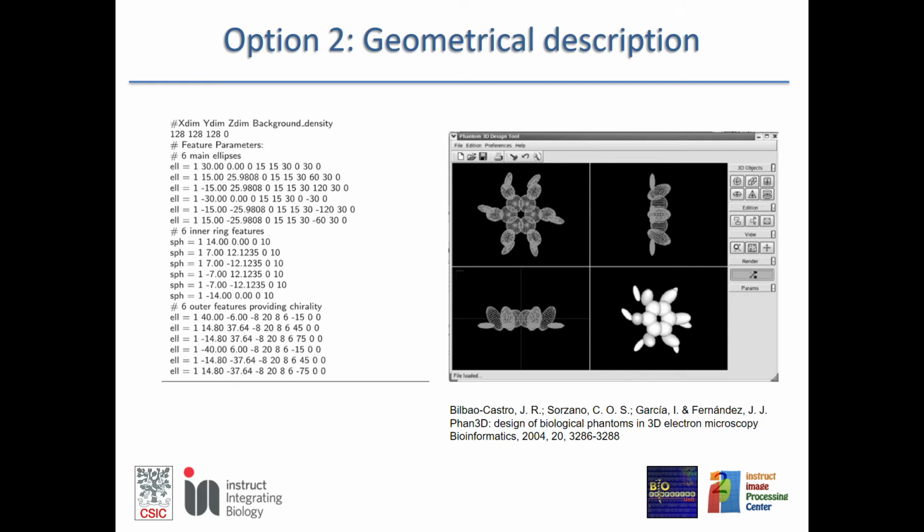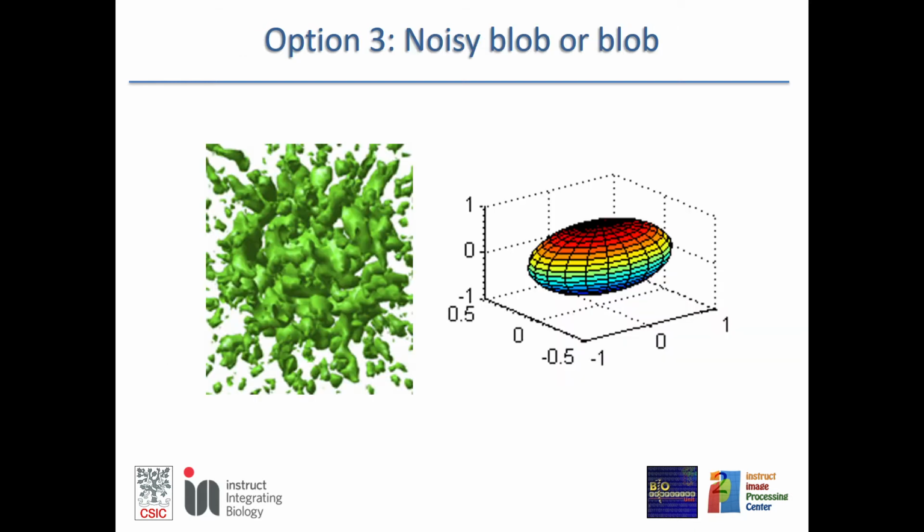At present, no one is doing this. On the other extreme, you could think that if I initialize the process with just random noise, or with a sphere or an ellipsoid that has more or less the right shape, the optimization algorithm will be clever enough to go from this initial point to the global minimum.